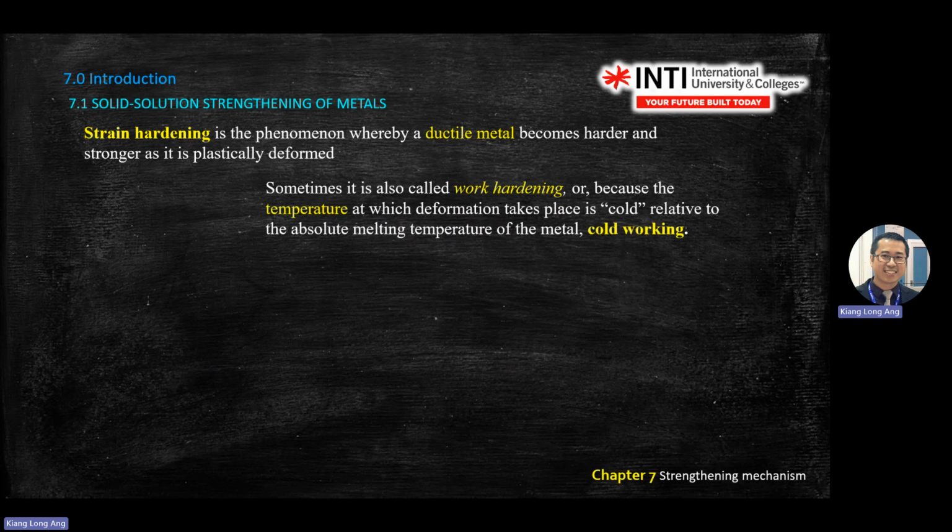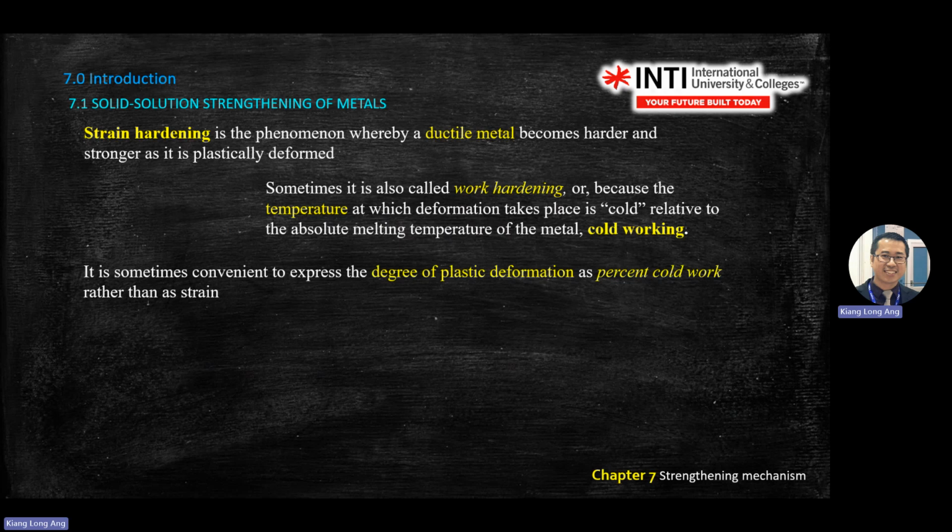So strain hardening is like making bread, but this one is you roll on the things, right? So it's called cold working. You make deformation on the metals itself by pressing, by rolling, and so on. Cold working takes place relative to the melting temperature.